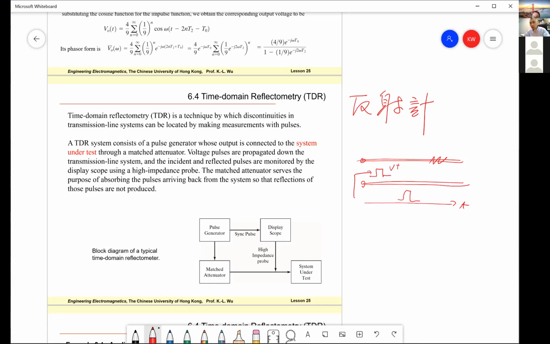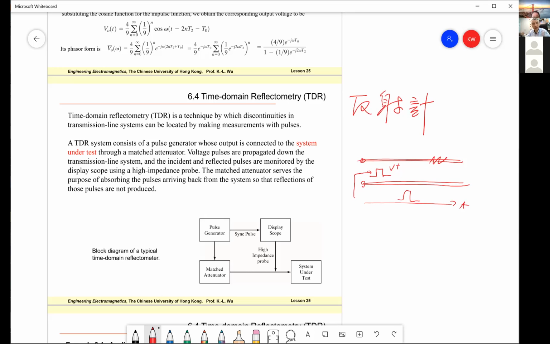This case really happens, right? This transmission line, and then we have something wrong. For example, supplying raw oil from Russia to somewhere in China, or from Russia to Europe, that is hundreds of kilometers, or even 1,000 kilometers.